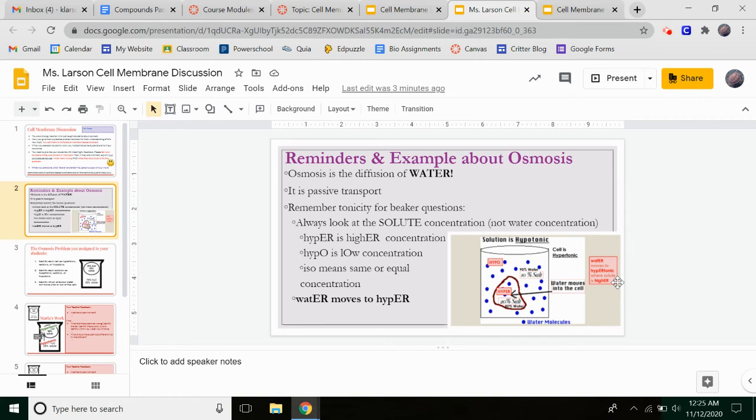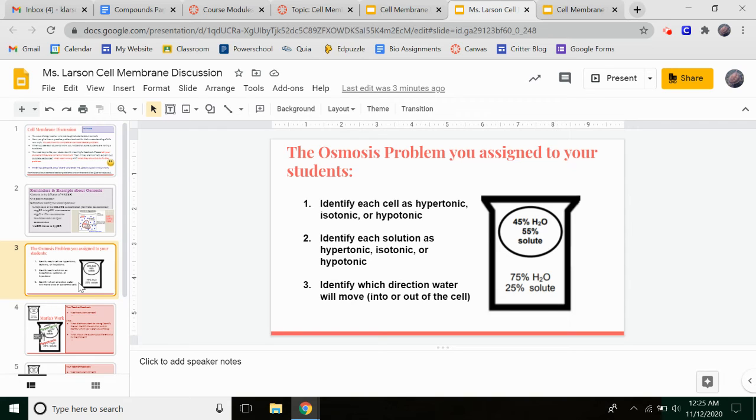After reviewing, you will look at this. This is the osmosis problem that you assign to your students for this particular discussion. You want your students to identify each cell as hypertonic, isotonic, or hypotonic. Then identify each solution as hypertonic, isotonic, or hypotonic.